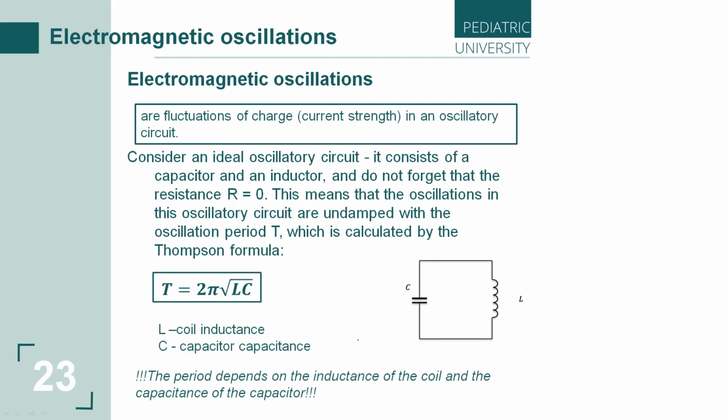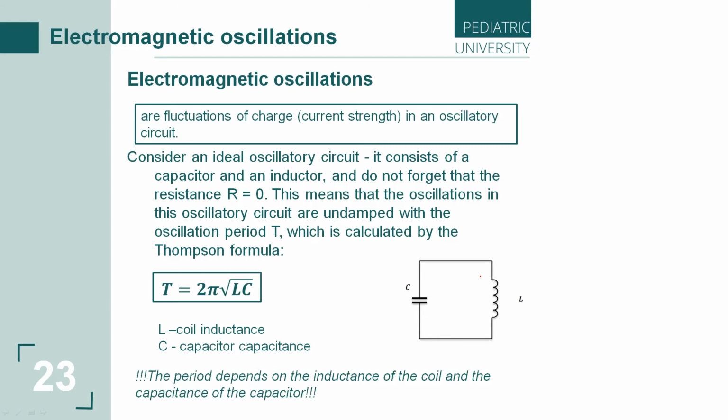For a better understanding of the process, consider an ideal oscillatory circuit. An ideal oscillatory circuit consists of a capacitor and an inductance coil.